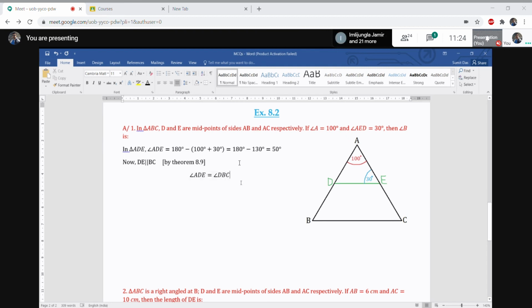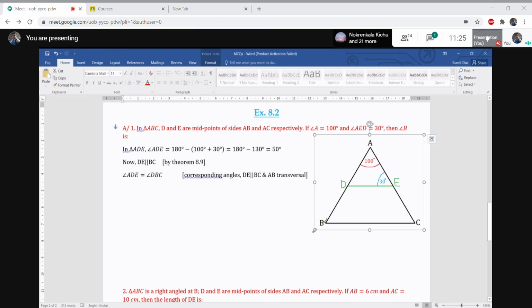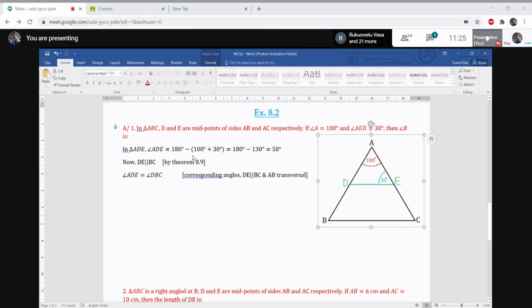They are corresponding angles. Okay, because DE parallel to BC and AB is the transversal. You can see DE parallel to BC and AB transversal. So these are corresponding angles. The corresponding angles are equal.